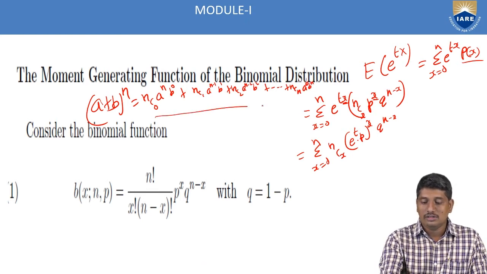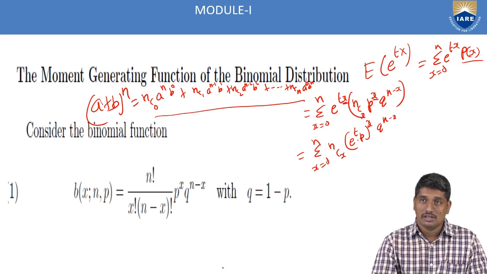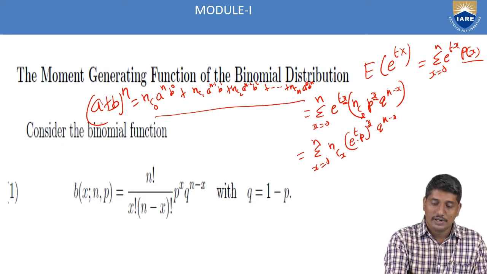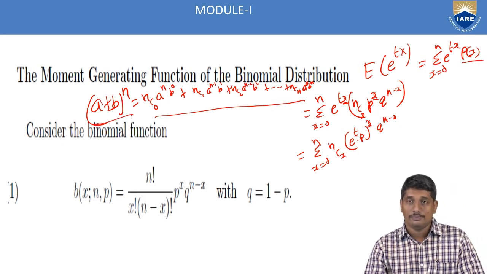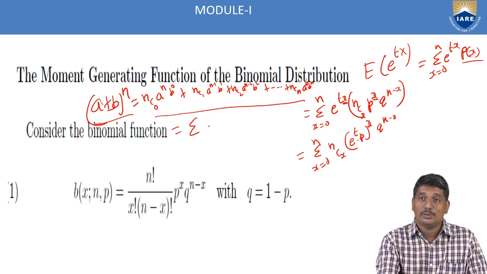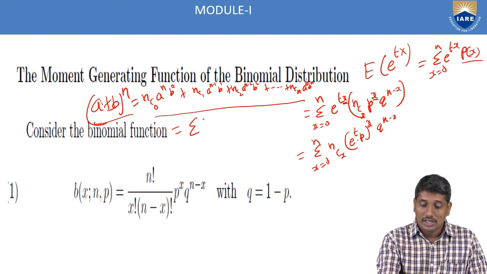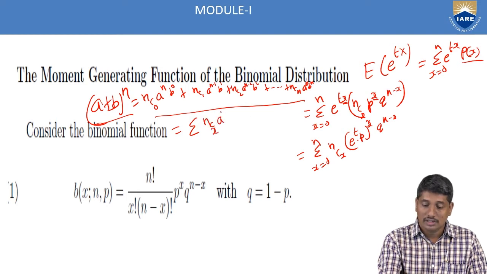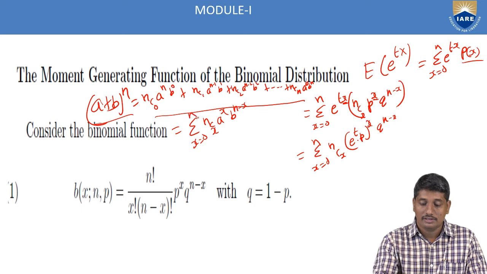This is the binomial theorem we came across in our 10th class, which can be compactified as (a+b)^n, or written as the summation of nCx a^x b^(n-x), x equal to 0 to n.